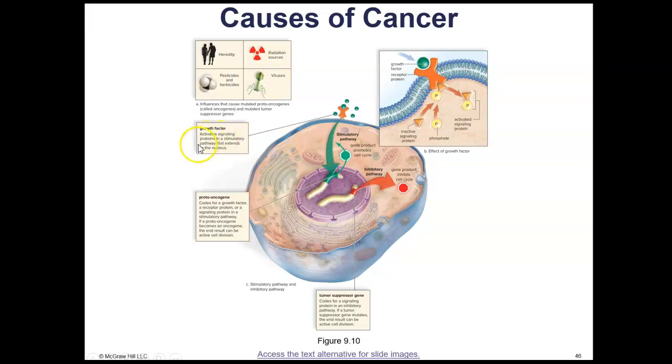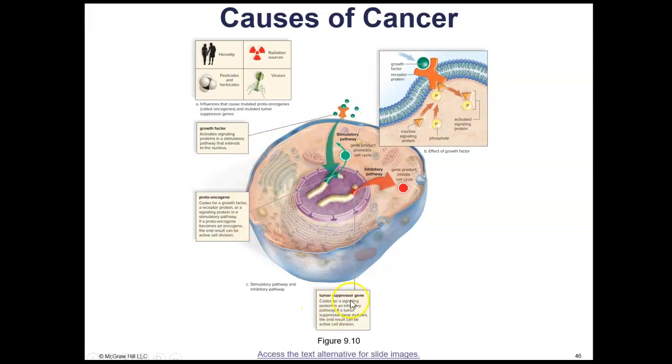A growth factor activates signaling proteins in a stimulatory pathway that extends to the nucleus. So a growth factor will bind to a receptor protein in the plasma membrane, and it will activate a signaling protein, and that will stimulate the cell cycle. So in a proto-oncogene which codes for growth factors, if it becomes an oncogene, it can lead to uncontrolled growth.